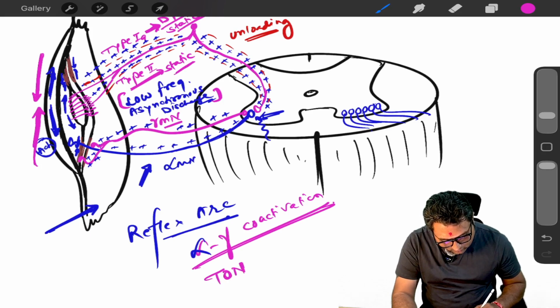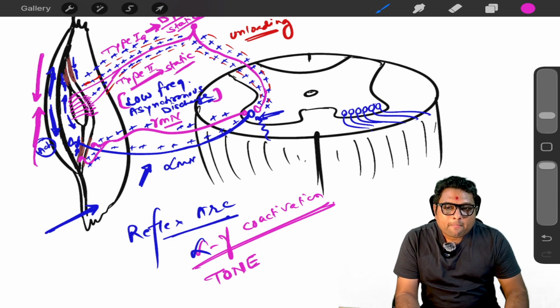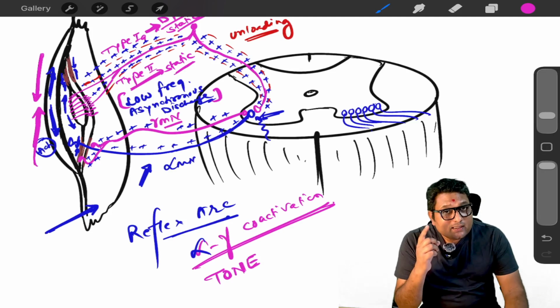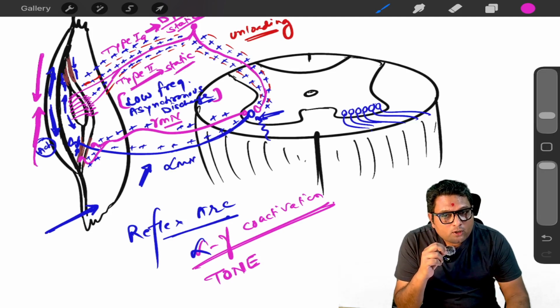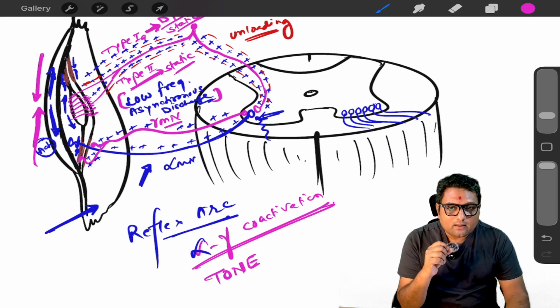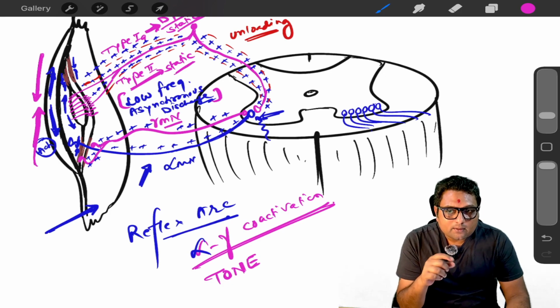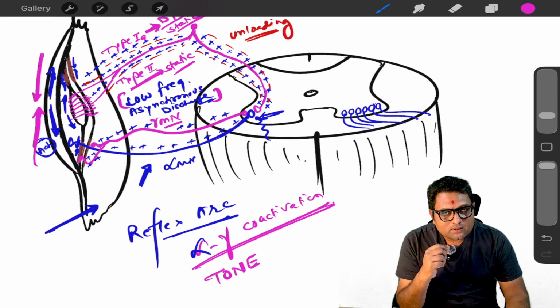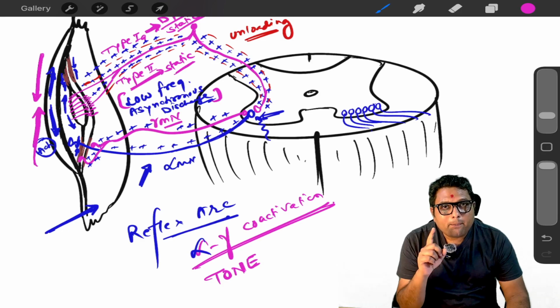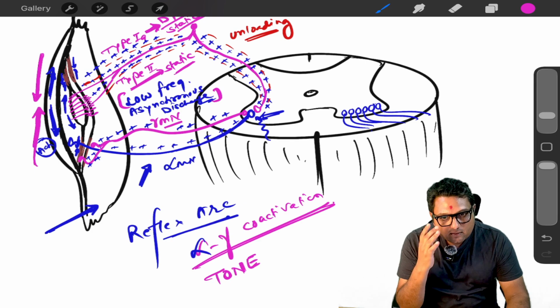Partial contraction of the muscle is called tone of the muscle. So what is the importance of this gamma motor neuron? First is alpha gamma coactivation, which prevents unloading of the muscle spindle, maintains the posture, and maintains the tone, right?